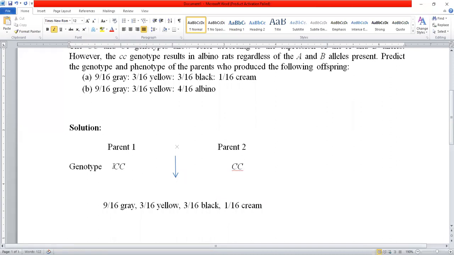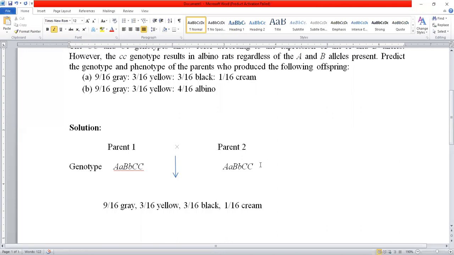So the genotype with regard to the other two genes is capital A, small a, and capital B, small b. Similarly here, capital A, small a, capital B, small b. So with the help of the given data, we have determined the genotype of the two parents very precisely.